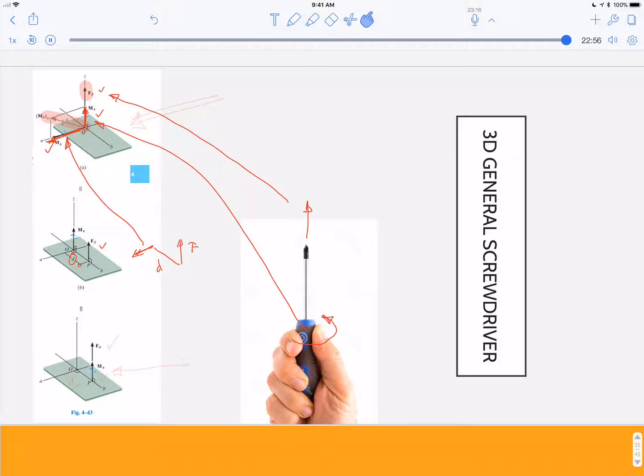So what you can do to simulate or be equivalent to this, you take a screwdriver where you are pushing, torquing, and this extra distance d here will also then give you a moment about the a-axis.